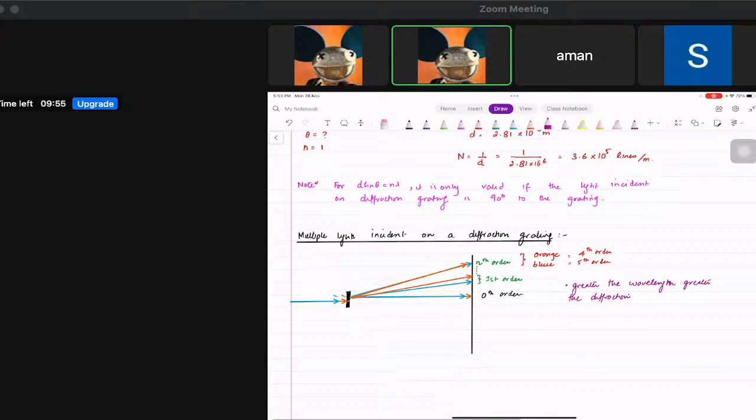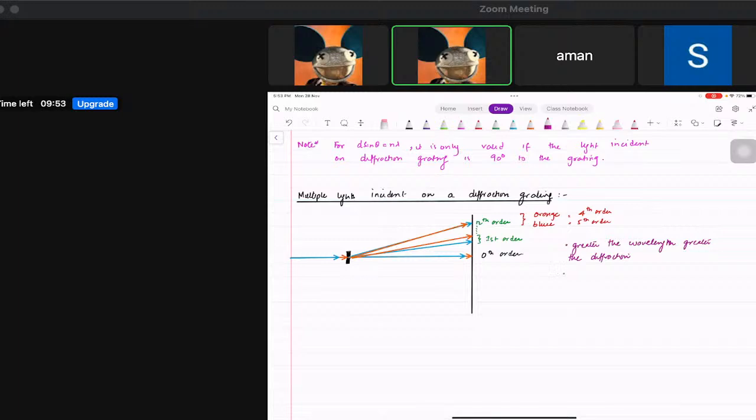Then you should remember that both diffract at different angles. I need to highlight this, please.